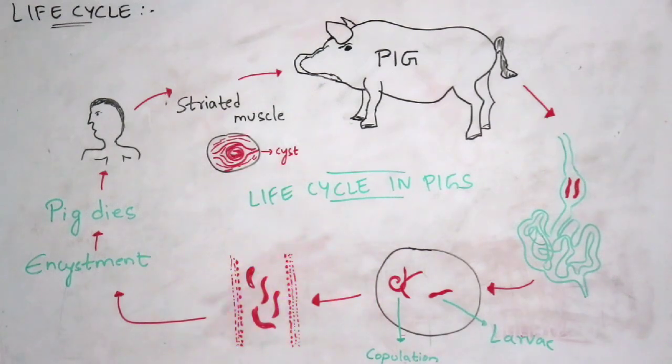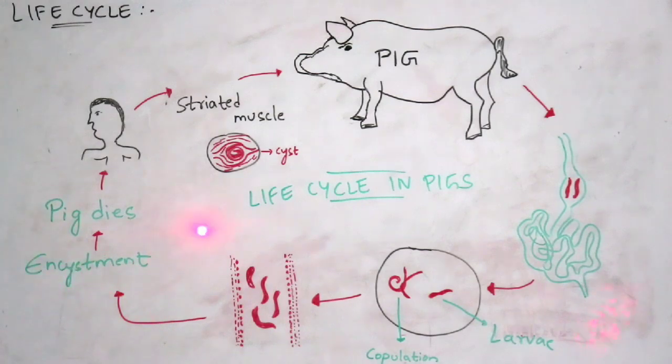In this bloodstream the encystment process takes place. Encystment is where the larvae, which are in a small stage, enter the matured stage of encysted larva by the process known as encystment.